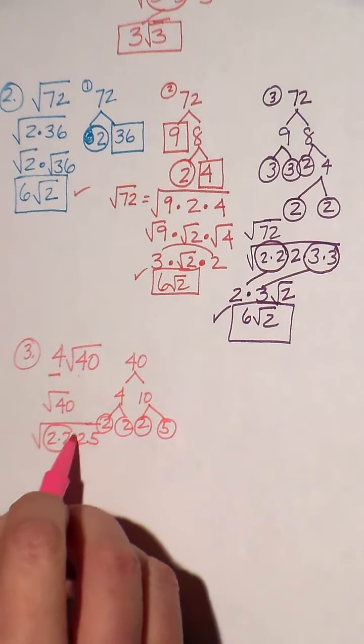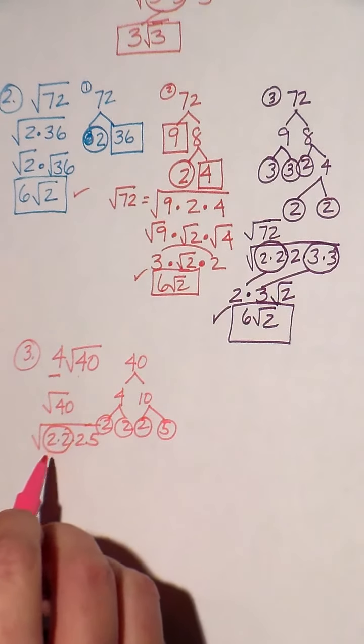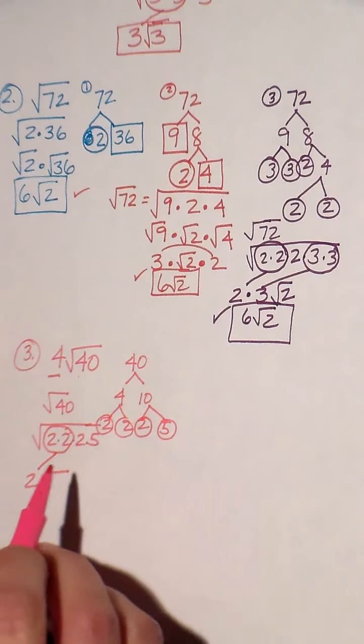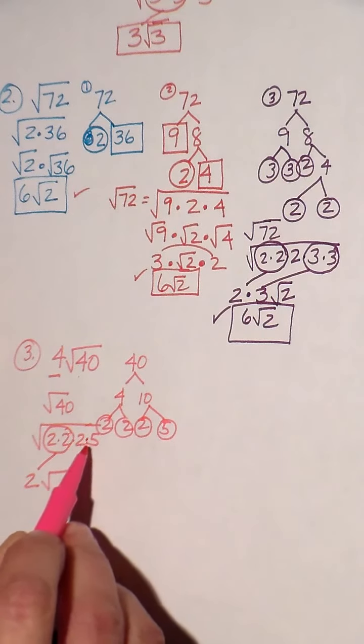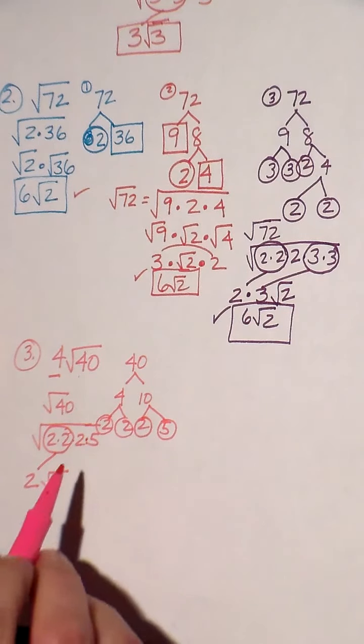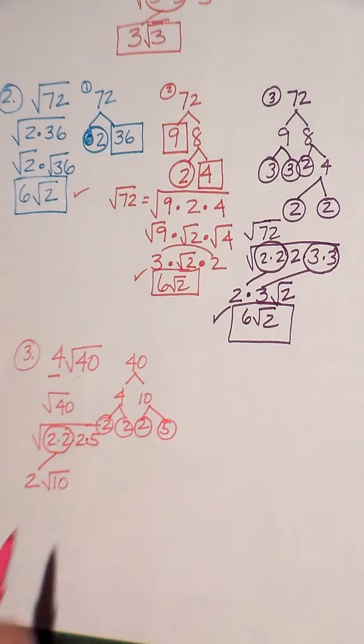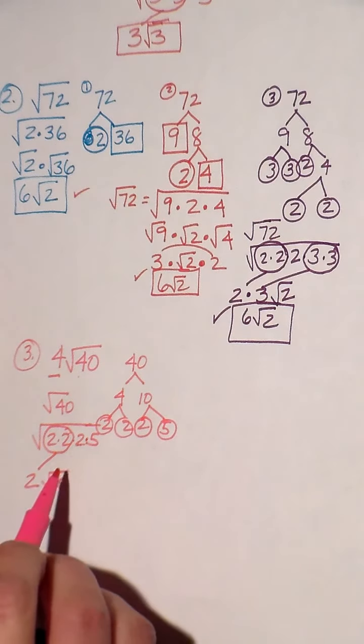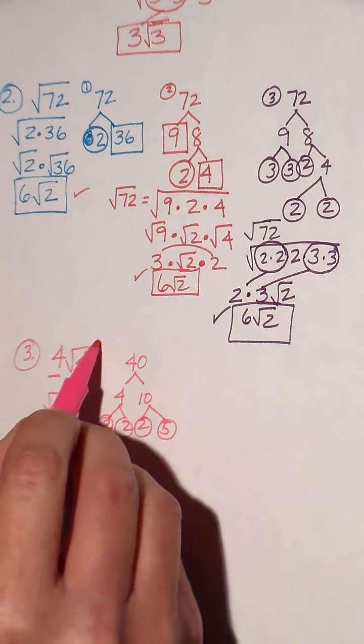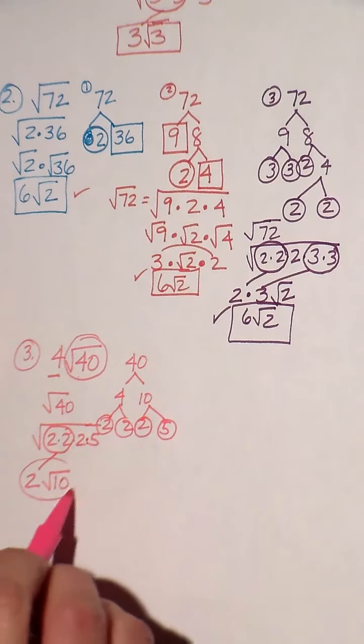No perfect square, you look for a pair. I've got a pair of 2's, the 2 comes out. The 2 and the 5 both do not have buddies, so you multiply them back together. 2 times 5 is 10. Now, for the square root of 40, I got 2 square root of 10.